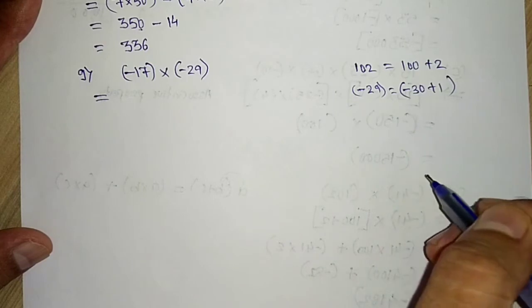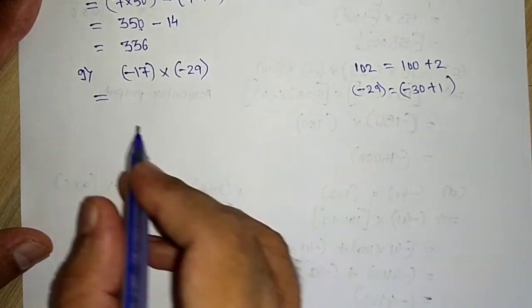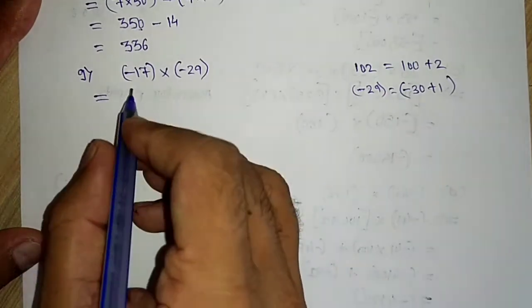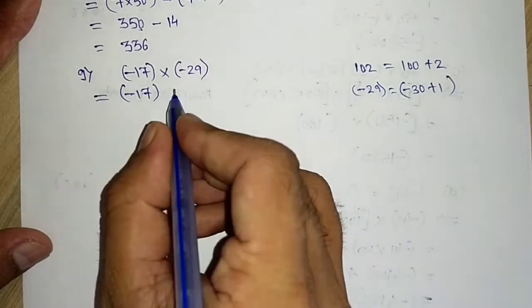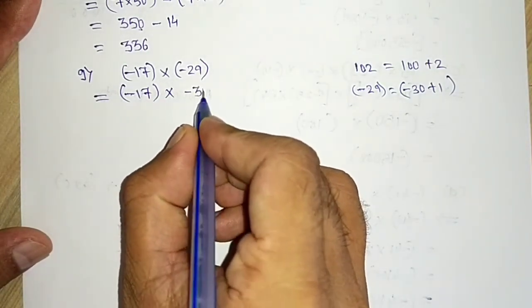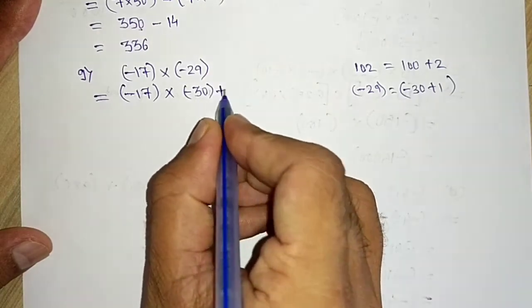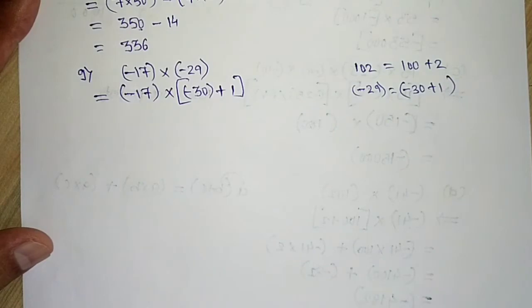Solve it, minus 30 plus 1 will give me minus 29. So here instead of minus 29, I will write minus 17 multiplied by minus 30 plus 1.